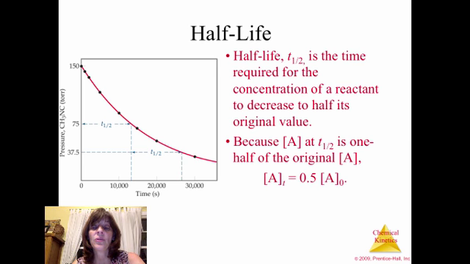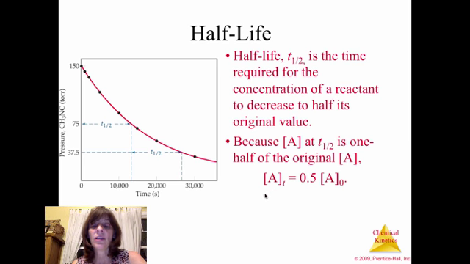Now, one way to simplify our first and second order reactions to think about half-life is to compare the original concentration, take that times 0.5, and that will equal your final concentration.